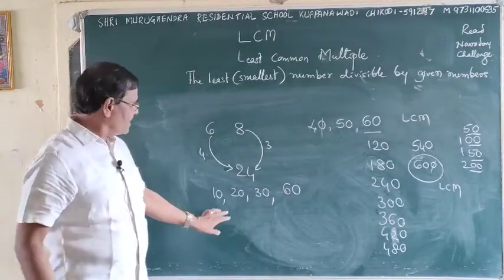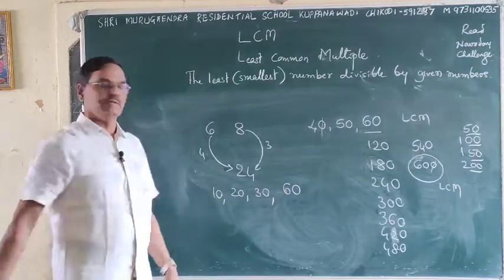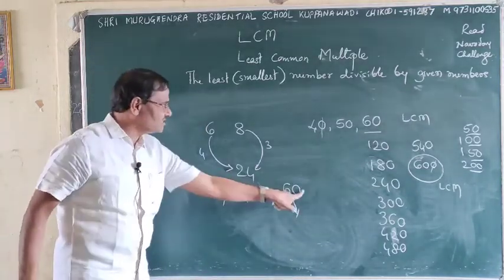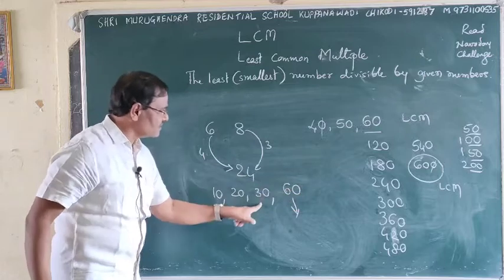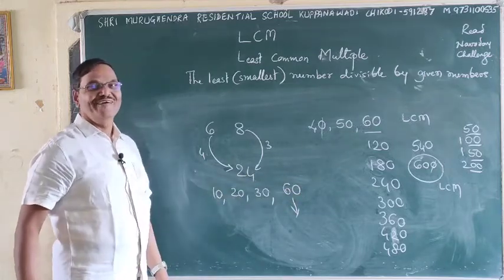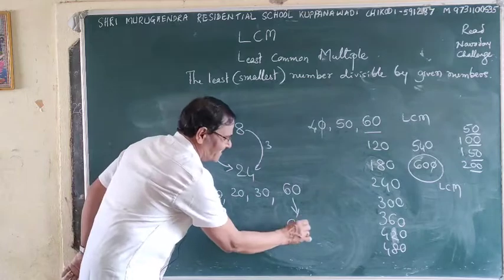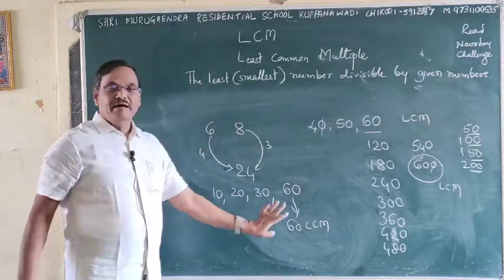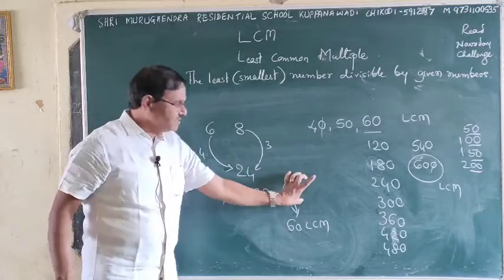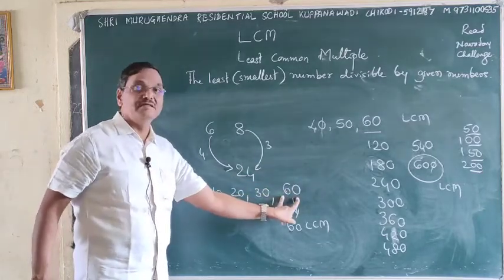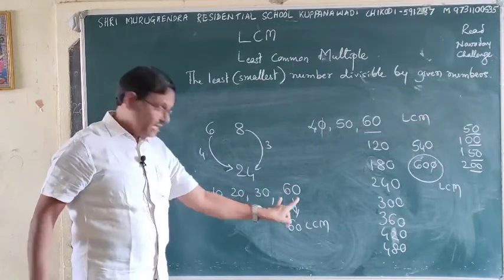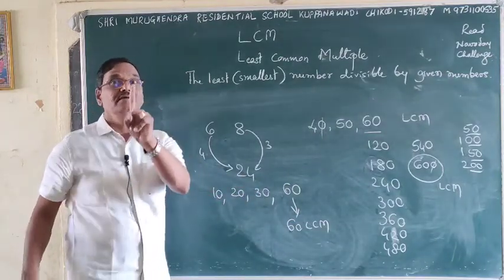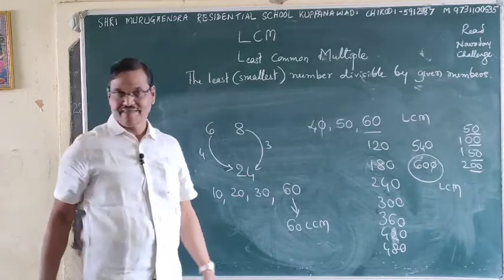What is the LCM of 10, 20, 30, 60? Then the table of 60 you have to write. 60 1s are 60, 10 6s are 60, 20 3s are 60, 30 2s are 60. So 60 is the LCM. Among given numbers, if the bigger number is a multiple of the other numbers, then that is the LCM.